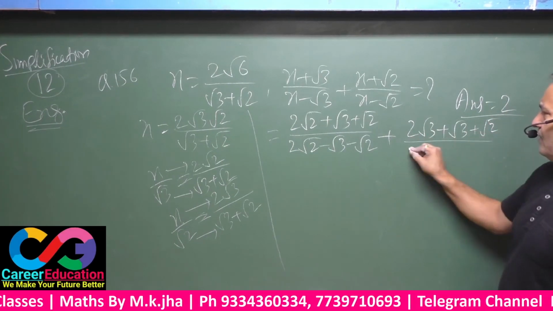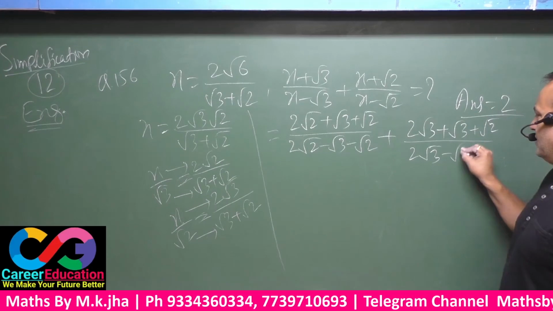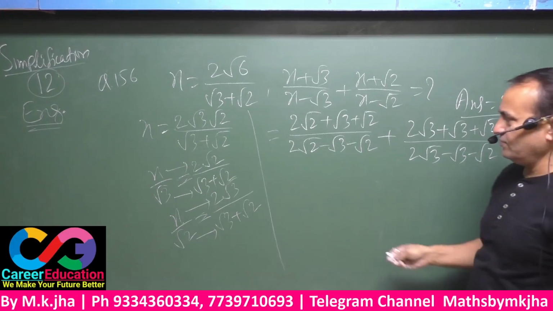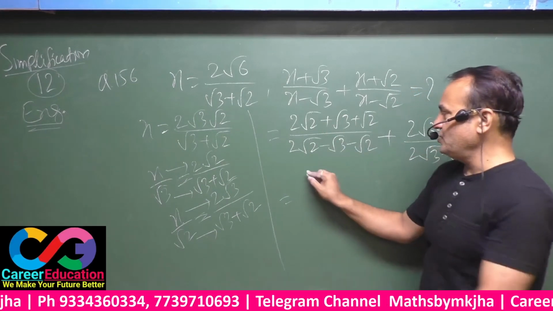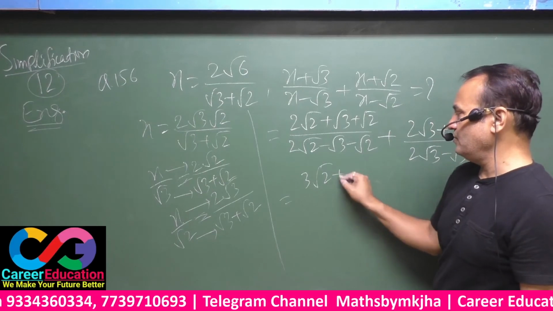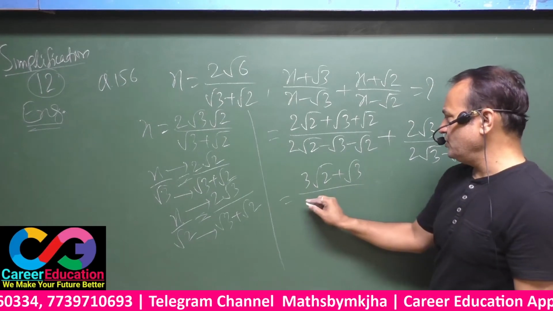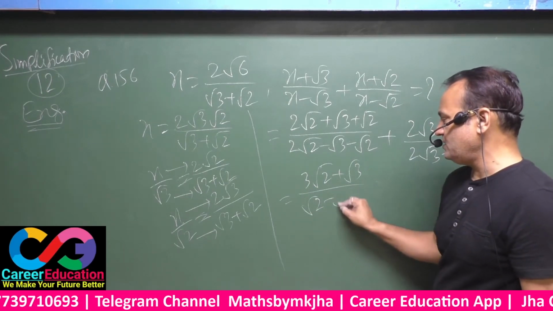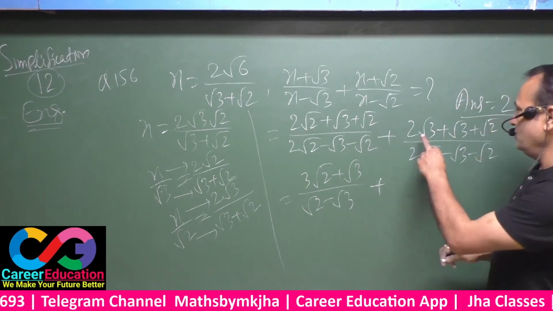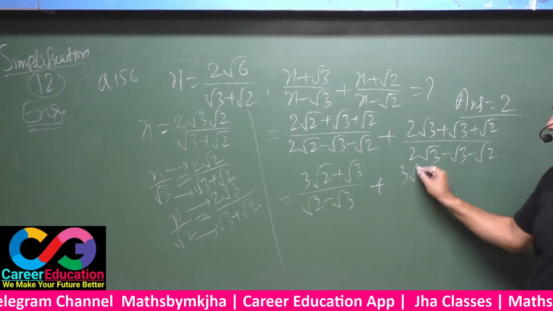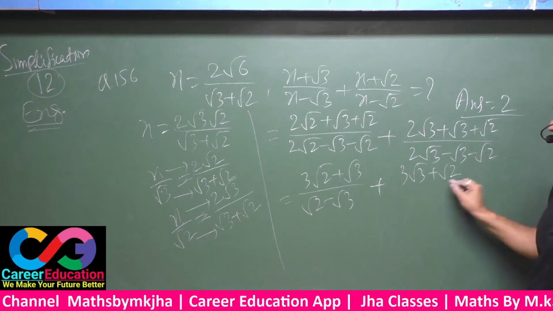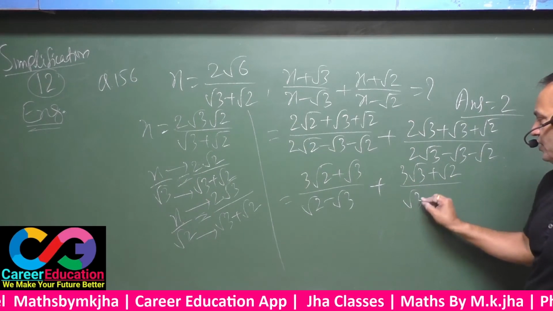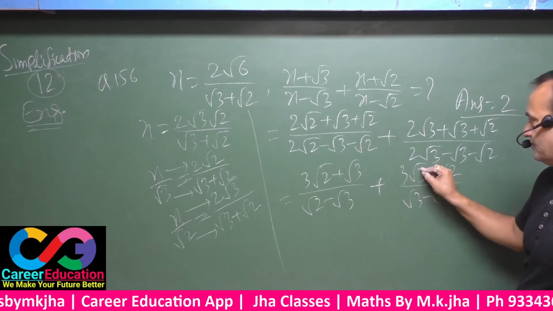Again, 2 root 3 minus root 3 minus root 2. See here, this is 3 root 2 plus root 3 by root 2 minus root 3, plus 3 root 3 plus root 2 by root 3 minus root 2. See here.